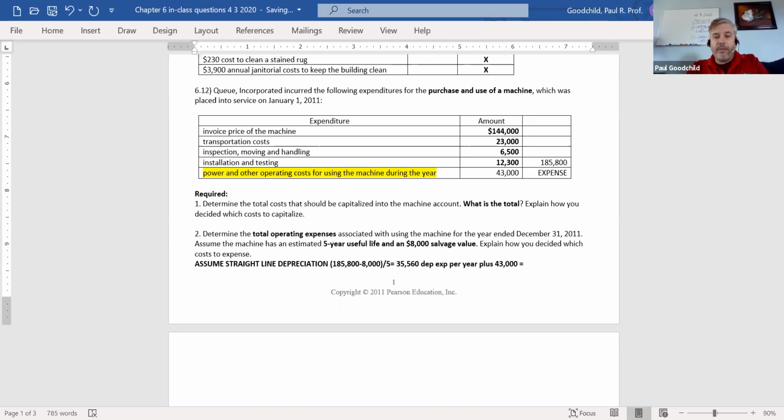And so we're going to have approximately 78,560 in operating expenses.